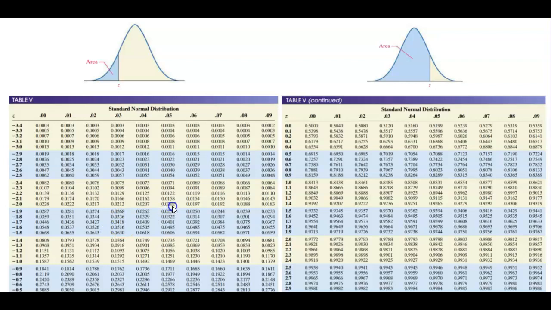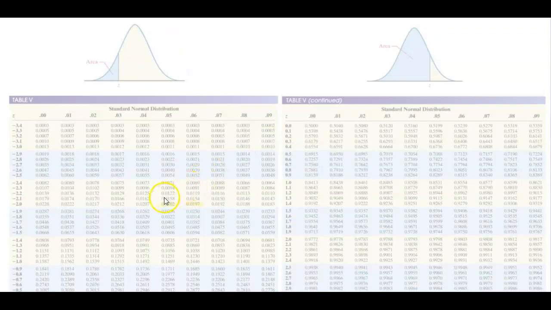So we have 0.0202. Let's take a look at that here. Here's 0.02, and then we also have 0.0197. What it's saying here is that the area is going to be in between those two.